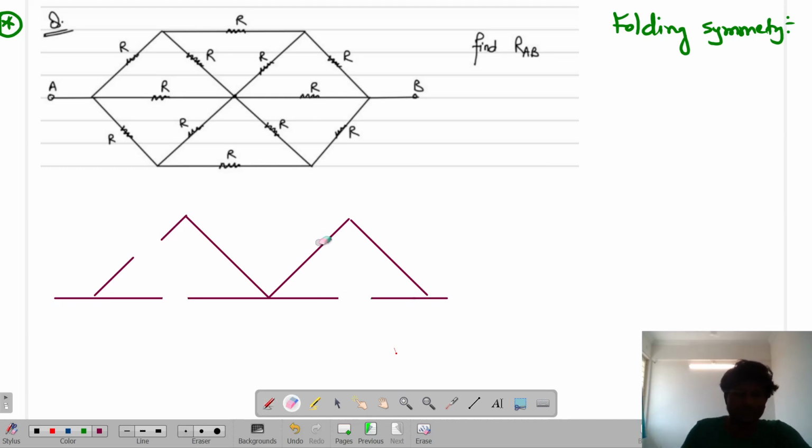Look over here. Let's suppose this is point A, this is point B, then R and R, if they overlap, what will it become? R by 2. I have to consider in parallel.